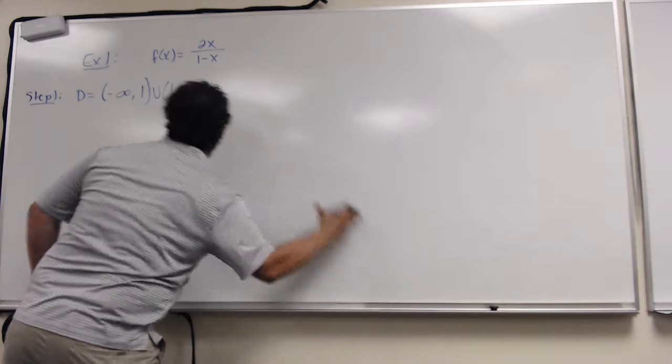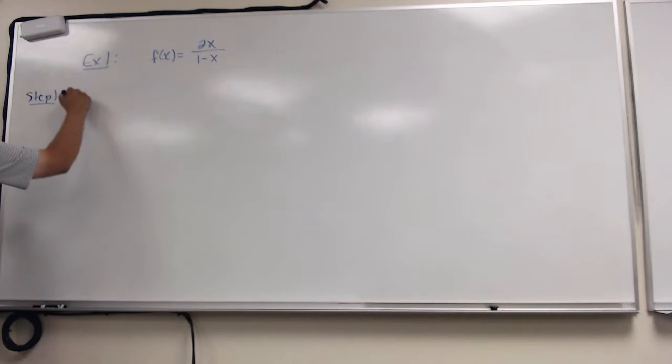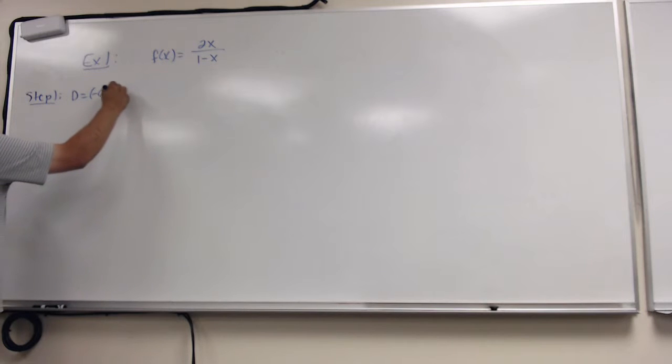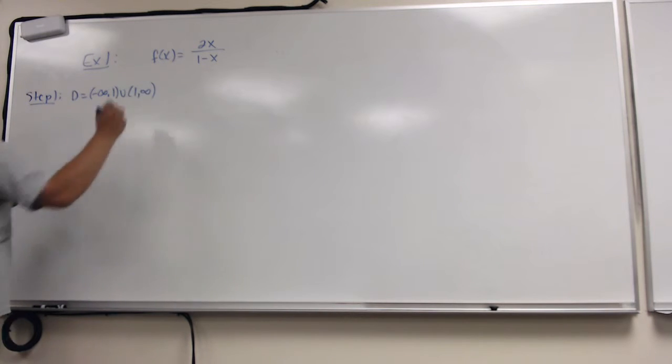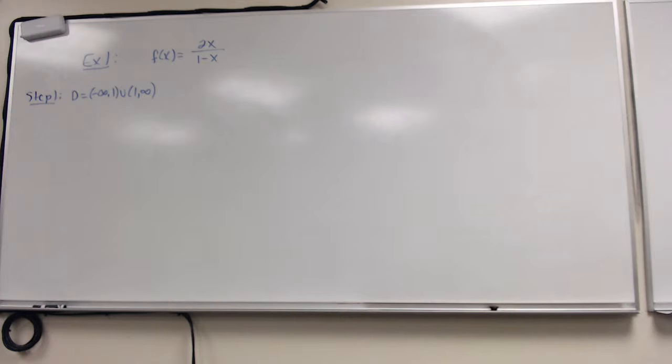Actually, let me write this a little smaller. Okay, so the domain is everything except positive 1. Then we still need to say what the intercepts are. And y'all can verify this, but the only x and y intercepts are just the origin.